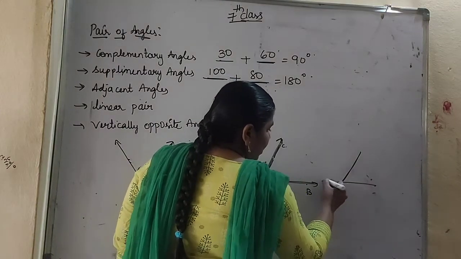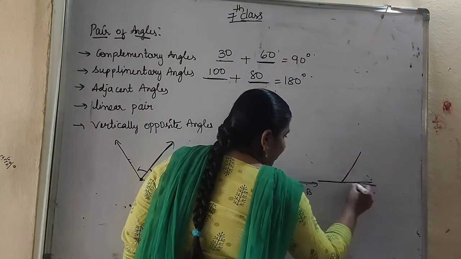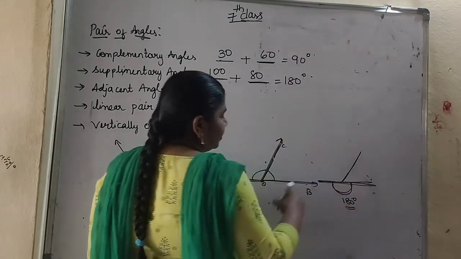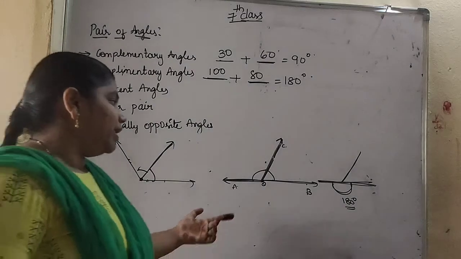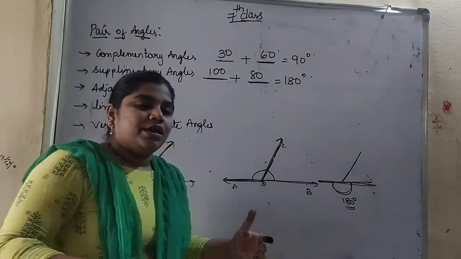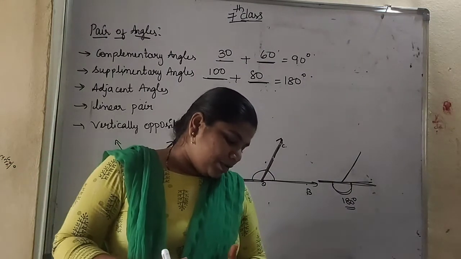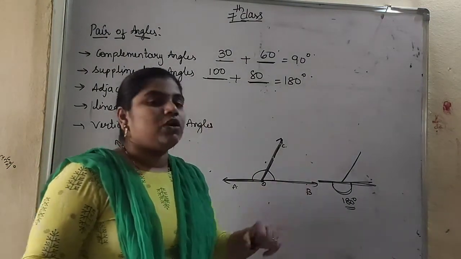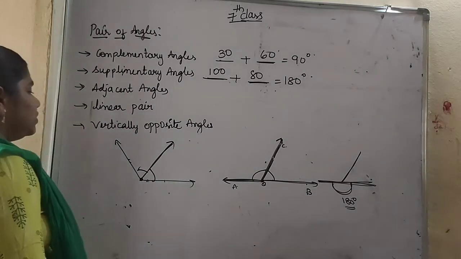So if you see, here it is forming one straight line. Straight line is nothing but equal to 180 degrees. So we can call this pair a linear pair. Linear pair means the pair of adjacent angles whose sum is equal to 180 degrees, we will call it a linear pair. So this is about linear pair.